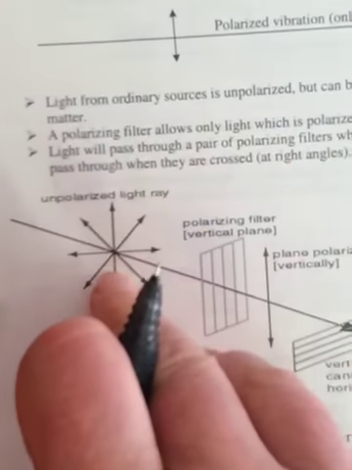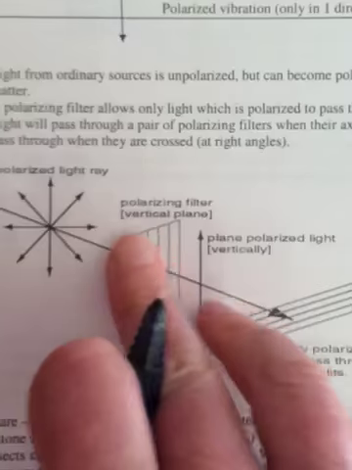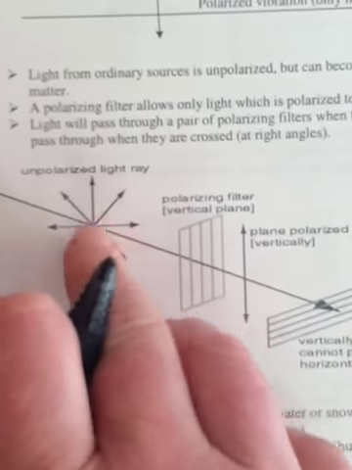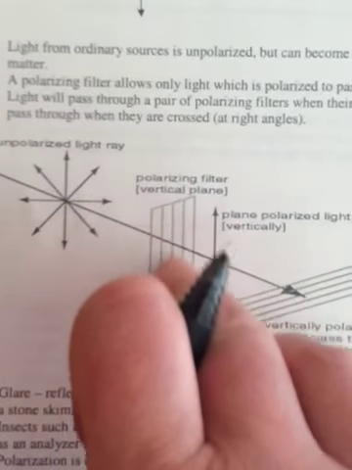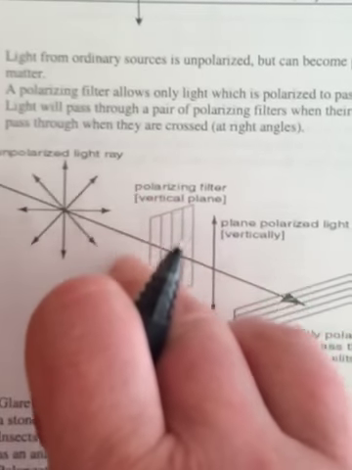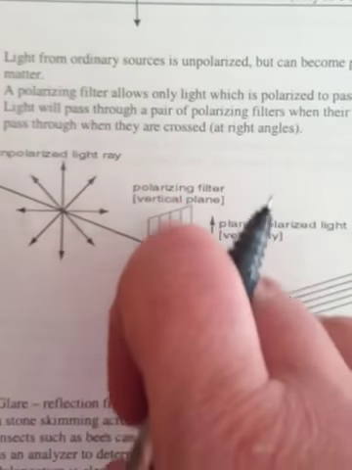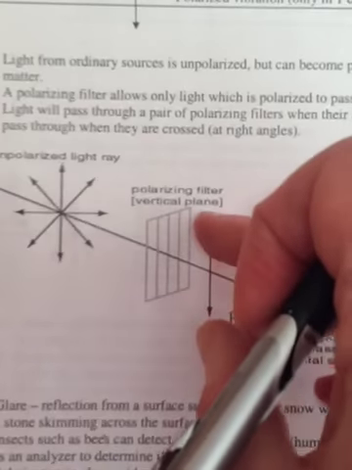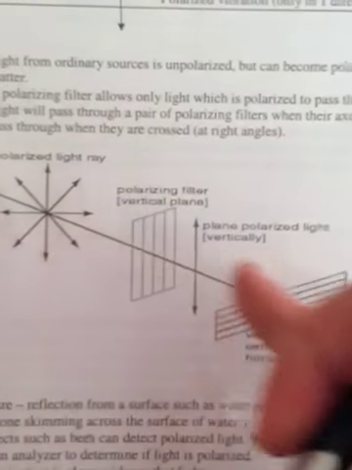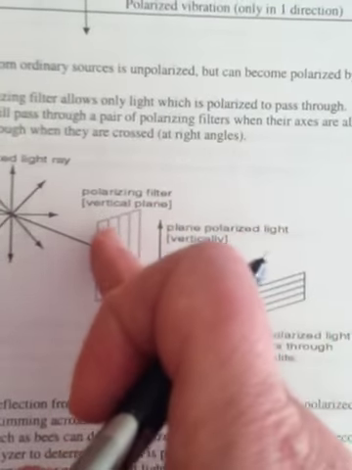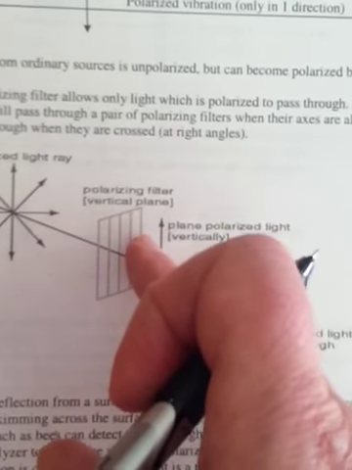Okay, so here's the light beam coming, vibrating in all directions. So I put my polarizing filter in front of it, could be your sunglass lens, and the only thing that comes through then is the one direction of vibration that matches the slit.